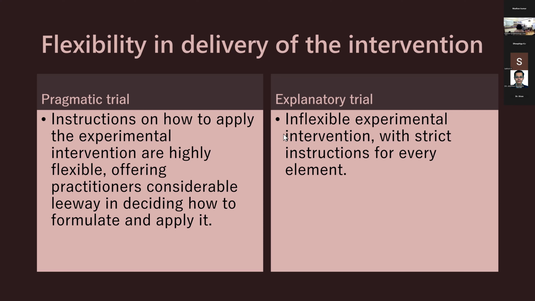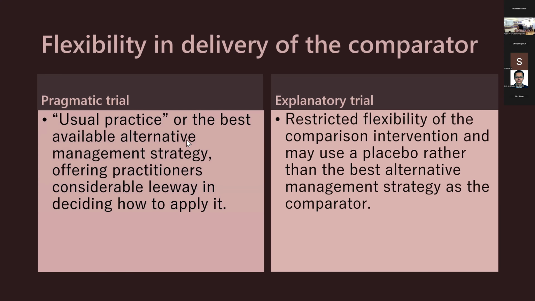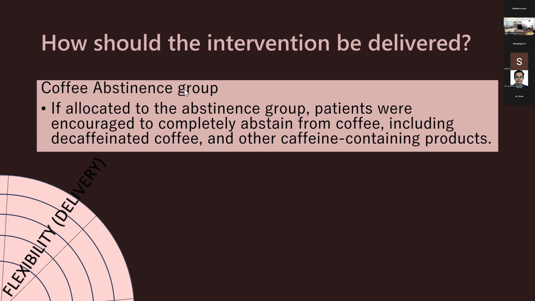Whereas in an explanatory trial, there are strict protocols and the investigators are required to adhere to them. And for the comparator, in a pragmatic trial, it is the usual practice or the standard of care which is available in that setting. In an explanatory trial, they would mostly be placebo controlled or the gold standard, which is also under a strict protocolized situation. So how should the intervention be delivered?